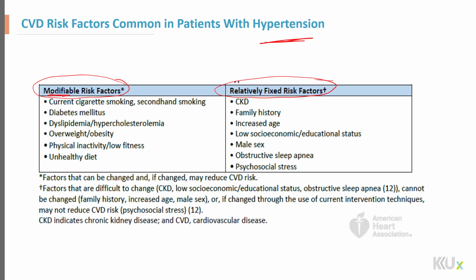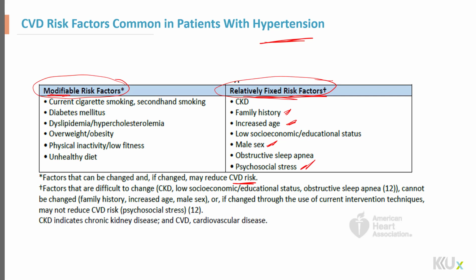If you change these risk factors, you can reduce your CVD risk. On the other hand, relatively fixed risk factors means either you cannot change them, like your age, your gender, your family history, or even if you change these risk factors, they may not reduce your cardiovascular risk, like psychosocial risk, stress.